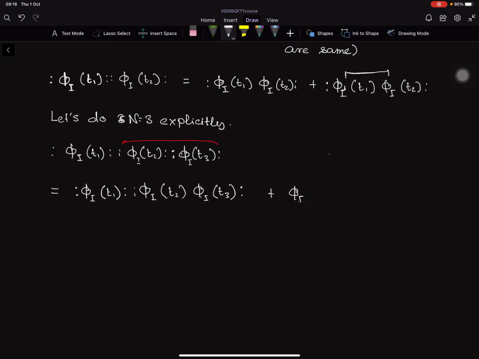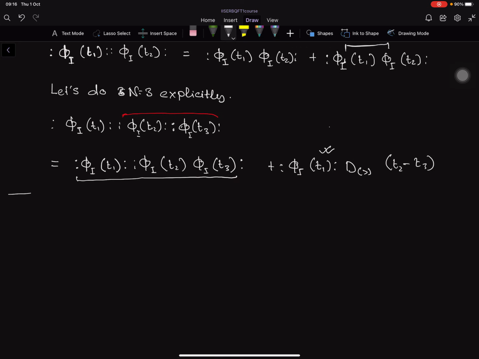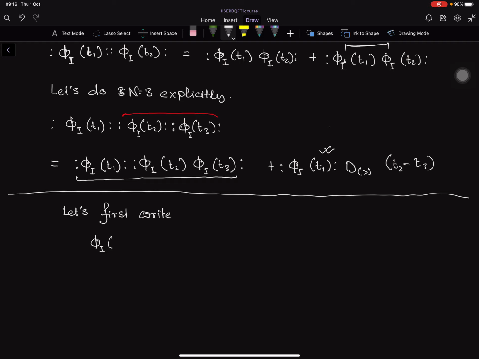Plus. So this part is automatically good. There is nothing more you can do about it. We have to focus on this part. Good. In order to evaluate that, let's first write phi I t.